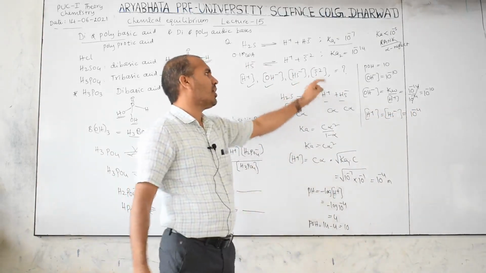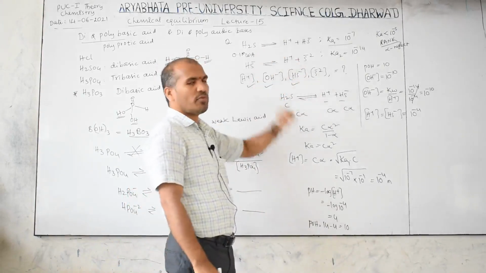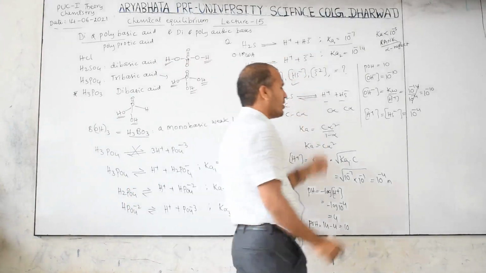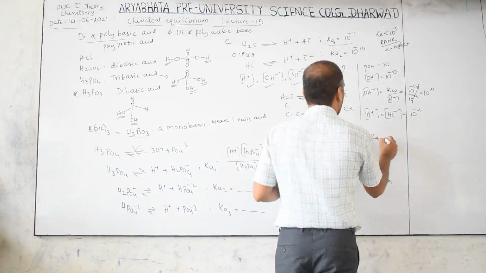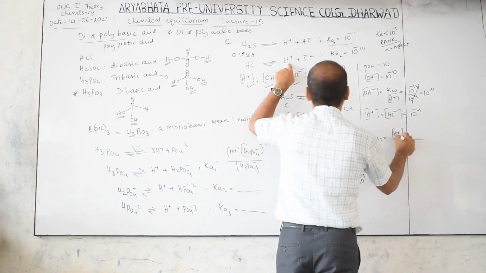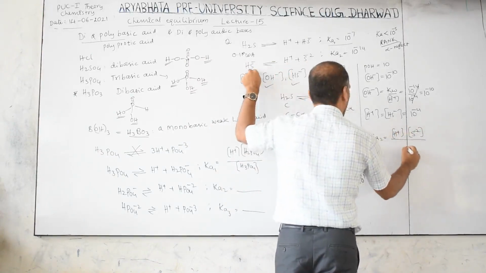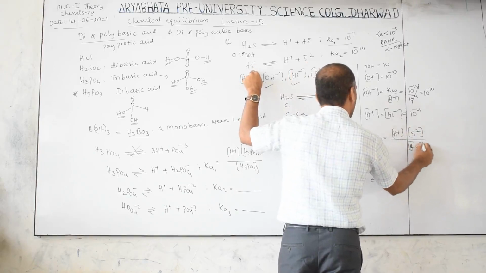Then we have to calculate S minus 2. S minus 2 is involved in the second step, not in the first step. Therefore according to this step, Ka2 is equal to H plus ion concentration times S minus 2 concentration, divided by HS minus concentration.